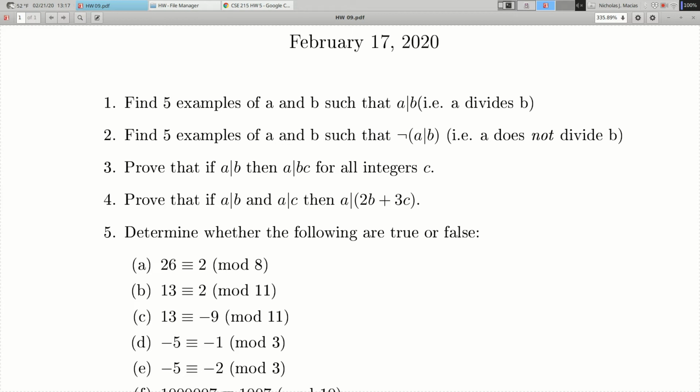That's A times the quantity 2Q plus 3R, which means that A divides that expression. So it's really the same thing as question 3, just more complex stuff, but the same approach.